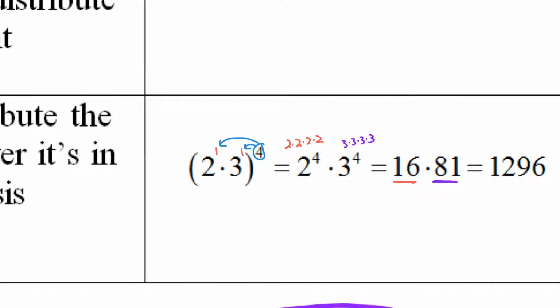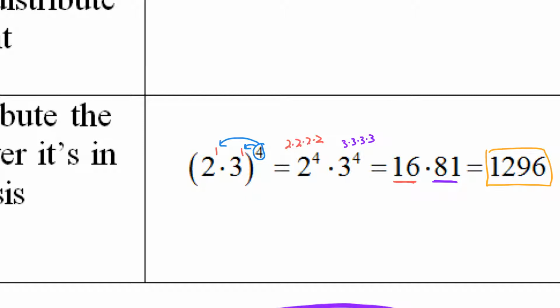And then finally you multiply 16 times 81, which equals 1,296. Now, if you guys don't have variables, like this example here, you can actually multiply using the calculator. But if you have variables, you cannot use the calculator to multiply everything in that expression. You can do little pieces with the calculator, but you really need to know what to do when you have variables.